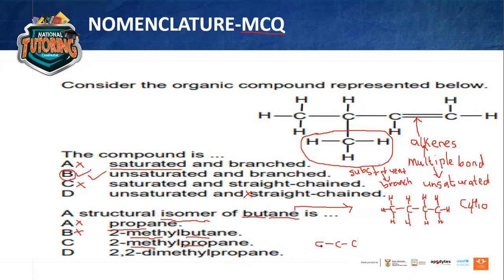So if I number my carbons 1, 2, 3, it means on carbon number 2, I must put a methyl, meaning a substituent with 1 carbon, meth. Then I put my hydrogens, 1, 2, 3, 4, 5, 6, 7, 8, 9, 10. So there are my hydrogens.